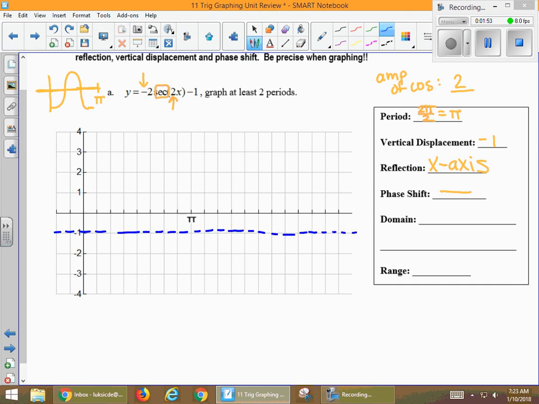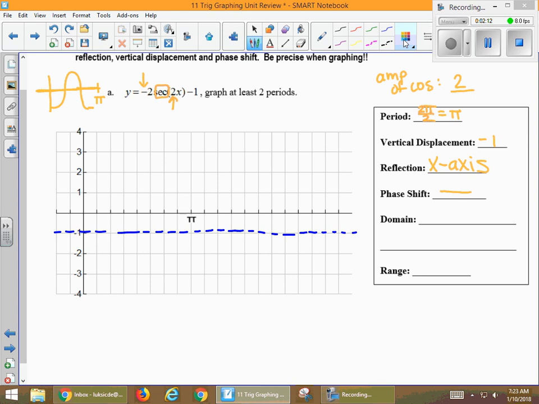I'm going to go ahead and dot in the vertical displacement here, dot in that midline. I think it's really helpful to have that extra sketch of what cosine's going to look like. So I'm going minimum to minimum in pi units, and I'm going from the midline 2 down and up.